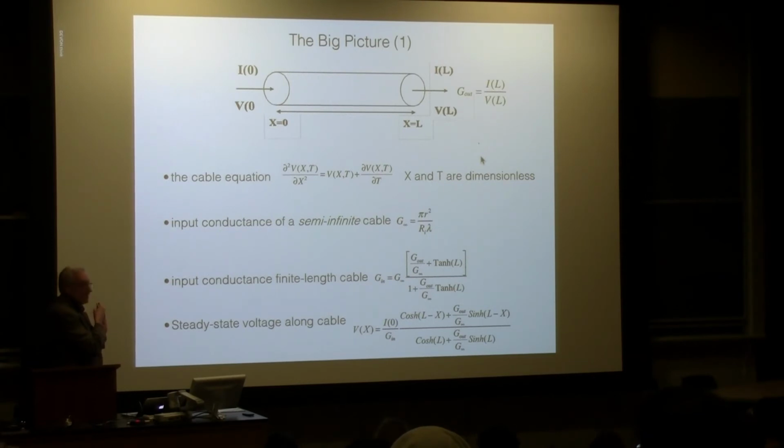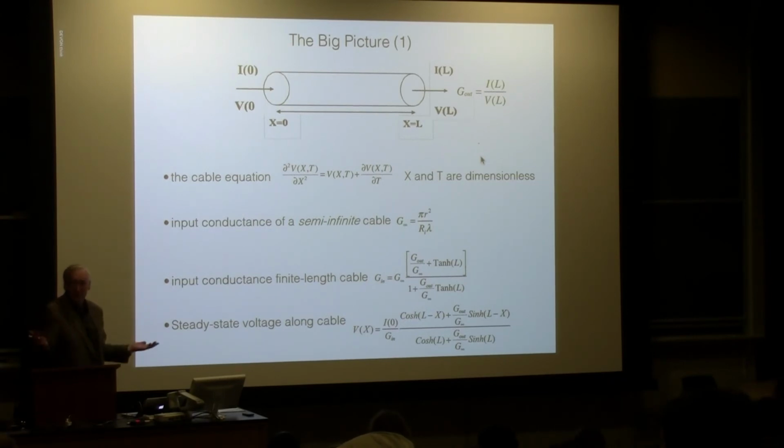And so this thing called G infinity is the input conductance of an infinitely extended version of that cable looking into that end. And so G infinity and G out are very important cable properties.